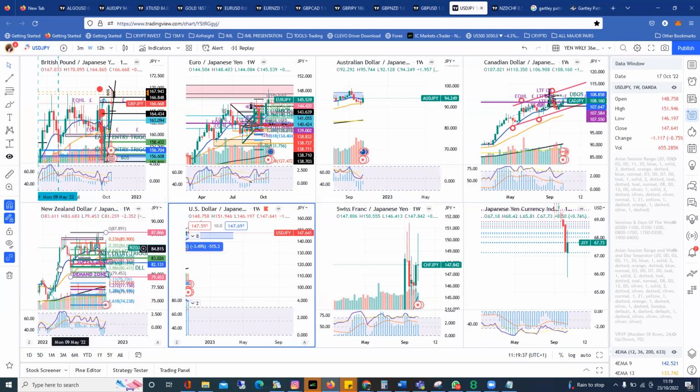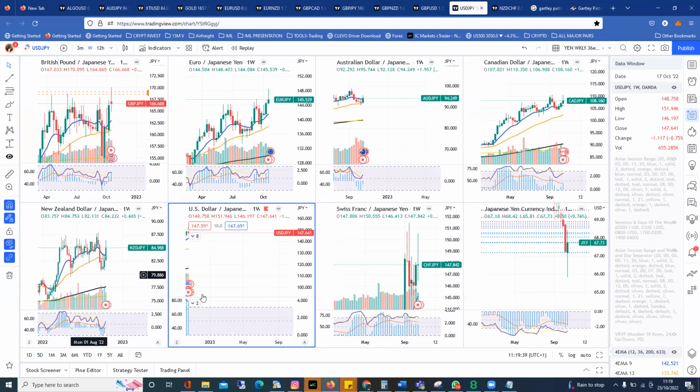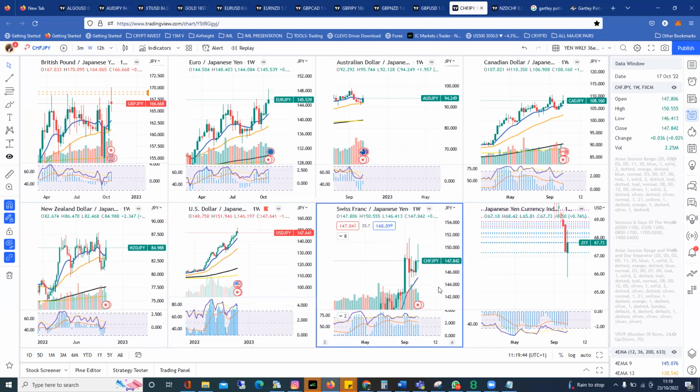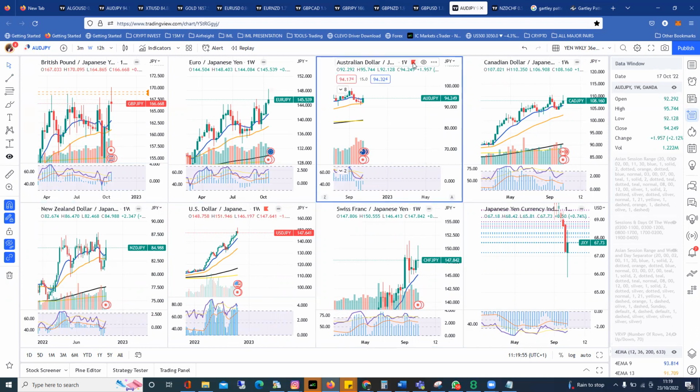All right, so if we go forward, let's look for more potential opportunities or potential pairs. All right, what can we see again? We've picked the Aussie yen for potential buy, the dollar yen for potential sell.